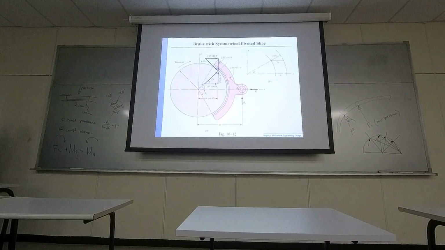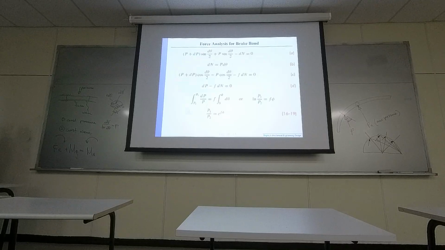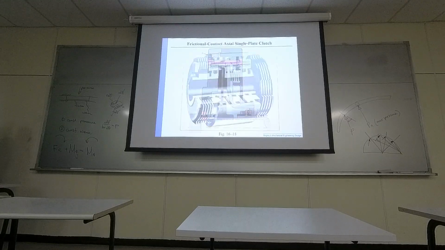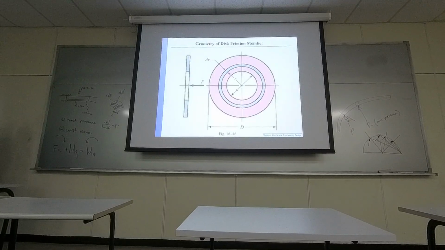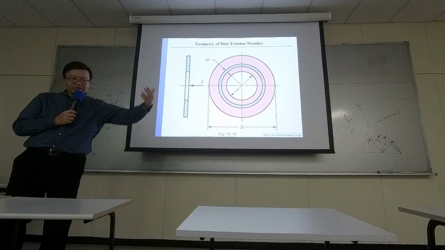I would like to show you a different kind of brake. This is more like a belt type. But I would like to talk about the disc type. For the disc, what's going to happen is you don't brake from the perimeter.